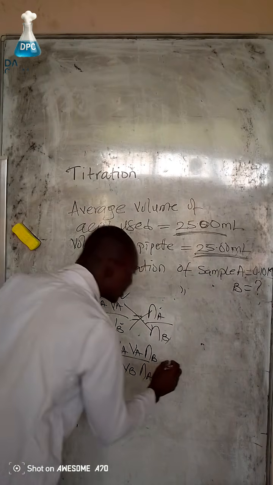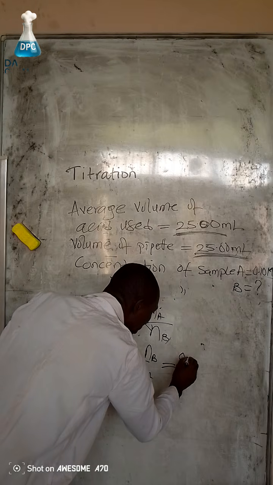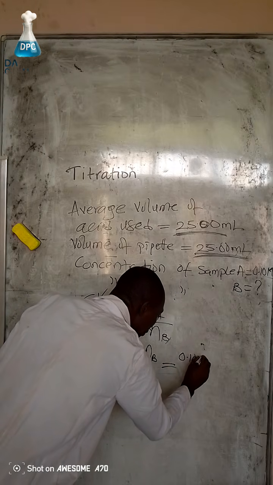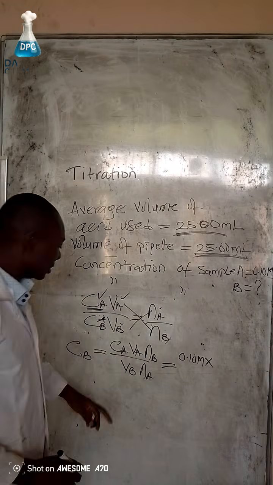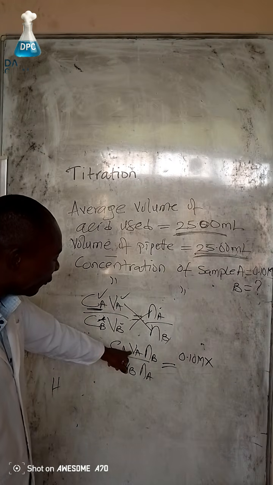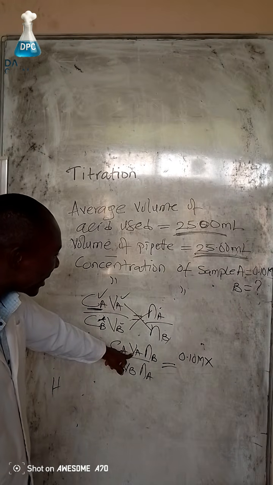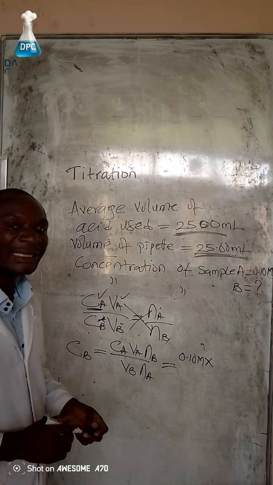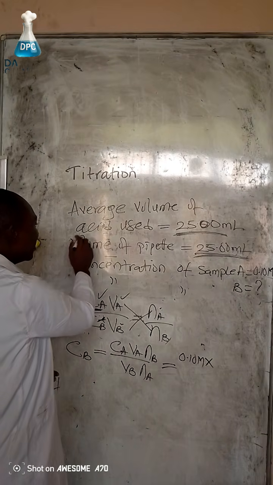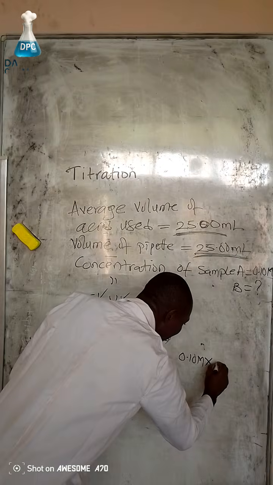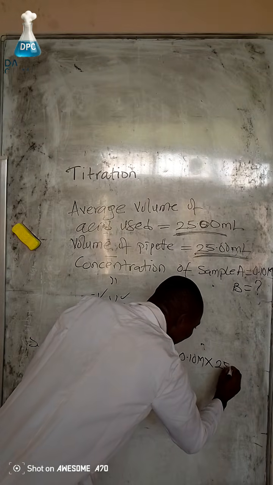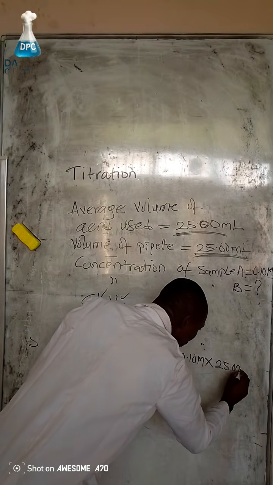So we now say 0.10 molar times. What is the volume? Volume of solution A used is our titre volume, which is the volume of acid used, 25.00 ml.